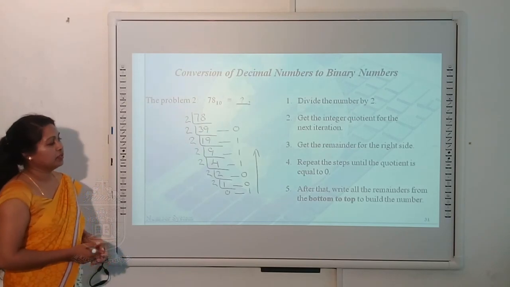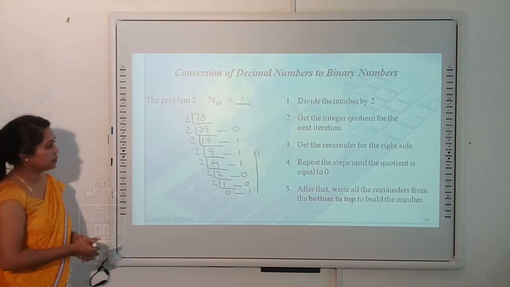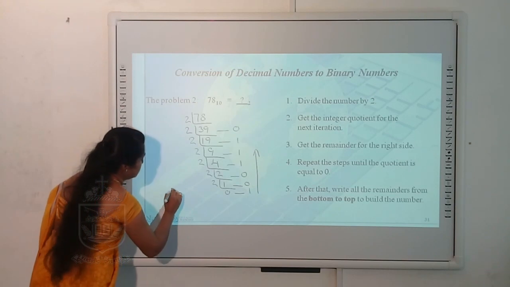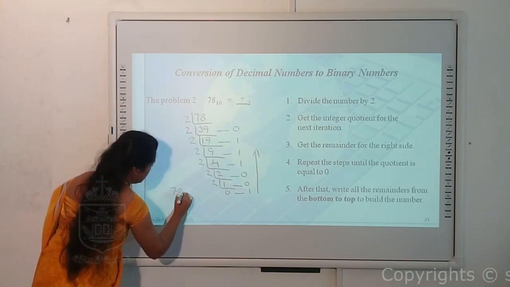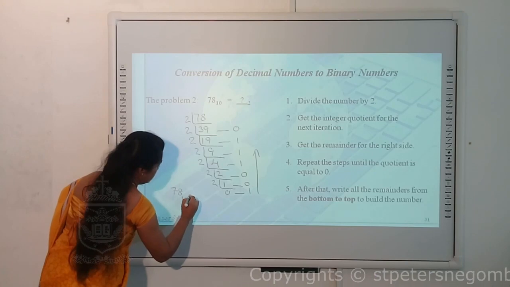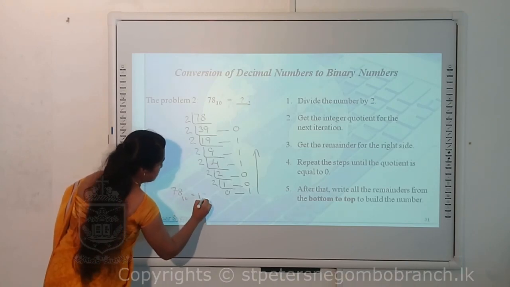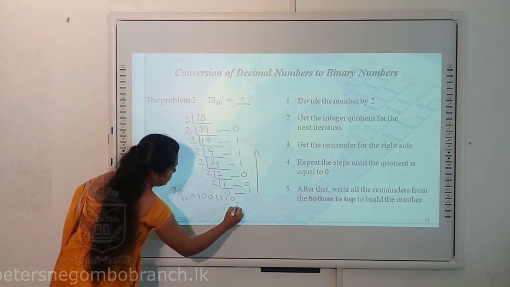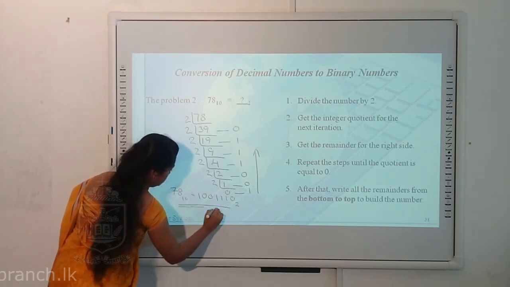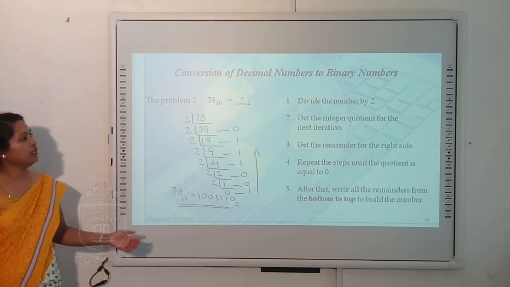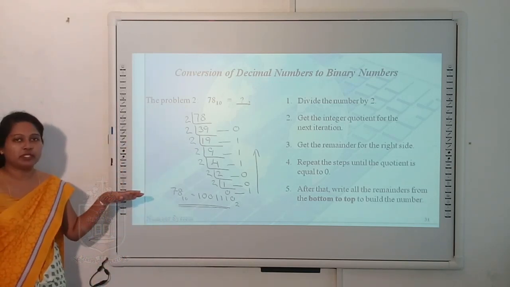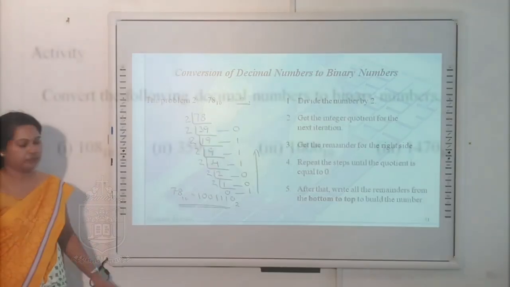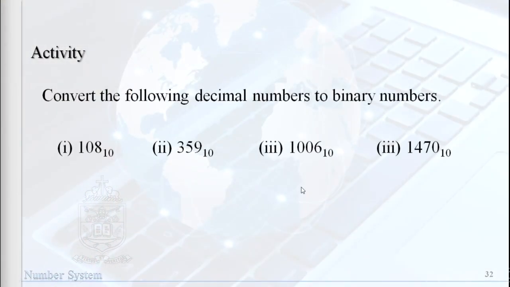After that, write all the remainders from bottom to top. 78 base 10 is 1 0 0 1 1 1 0 base 2. Likewise, you can convert decimal numbers to binary numbers. Here there is an activity for you all to do based on converting decimal numbers to binary numbers.